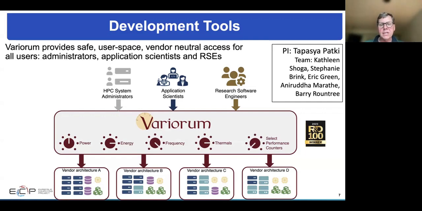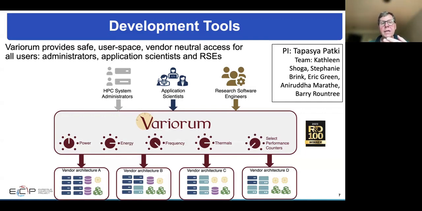Variorum is a good example of that because it abstracts away the vendor details for a cross-cut of various architectures, so you can look at all of those architectures through a common concept-oriented interface.